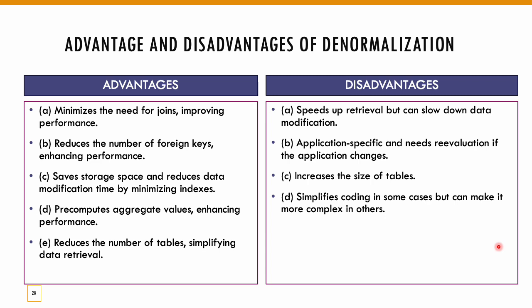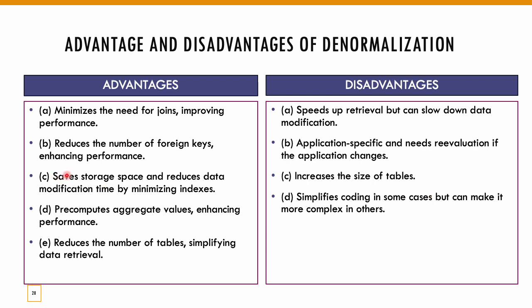By storing related data in the same table, denormalization reduces the need for complex joins in the queries, and this improves the query performance, especially in read-heavy applications. It also reduces the number of foreign keys, enhancing the performance. With fewer tables and fewer relationships, there are often fewer foreign keys, which can make data retrieval faster and simplify the database structure.